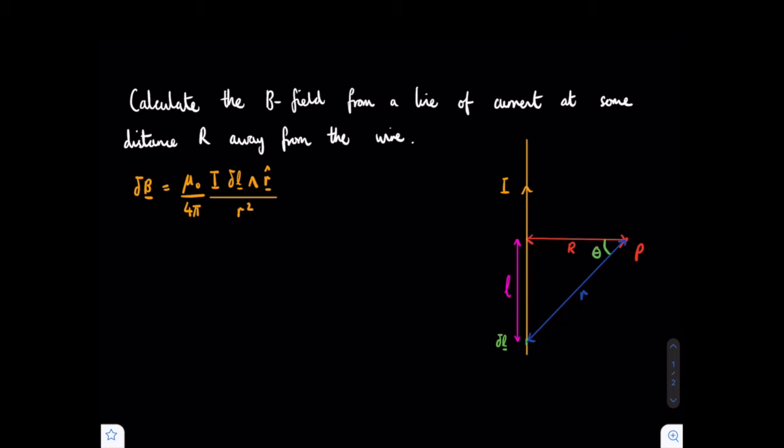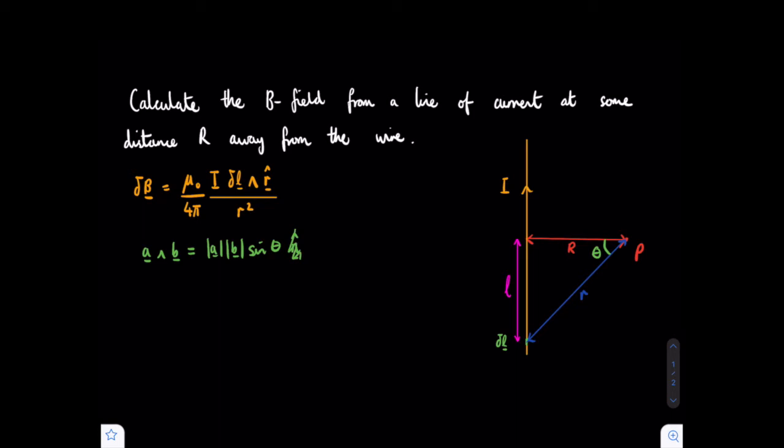Well, firstly, we want to get rid of this cross product. We know that if there's some vector A cross with some vector B, that is equal to the magnitude of A, magnitude of B times sine theta, multiplied by the unit normal vector. Because a cross product gives a vector, we need this vector to make the result a vector.